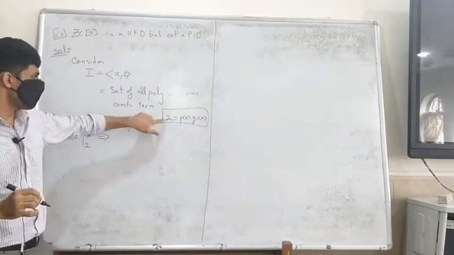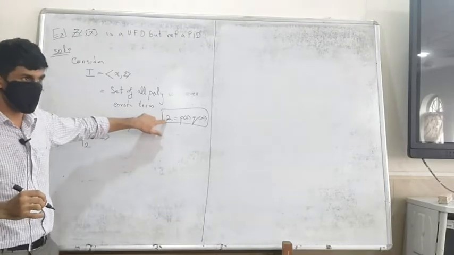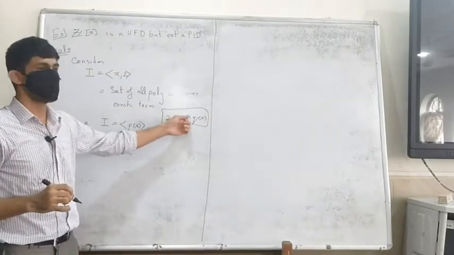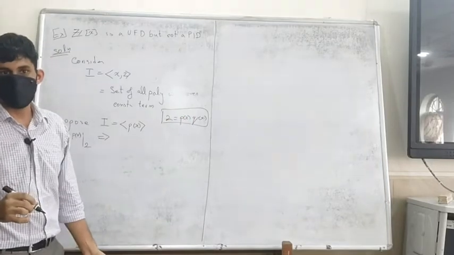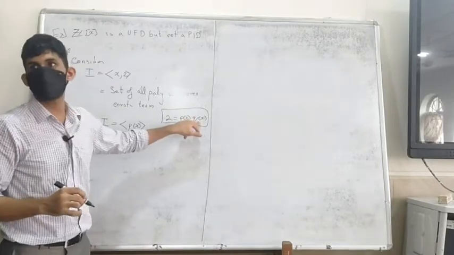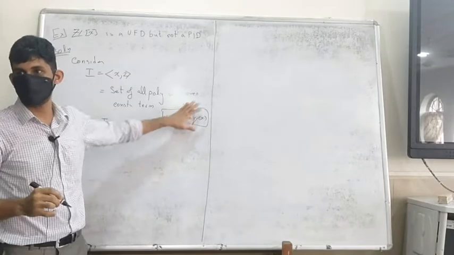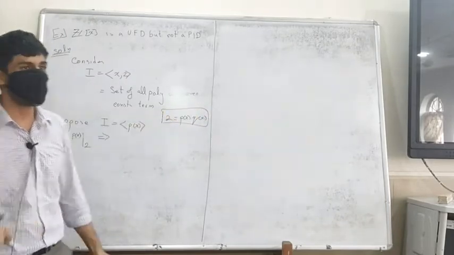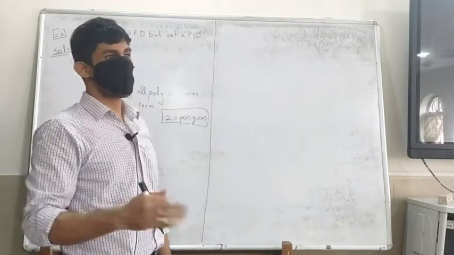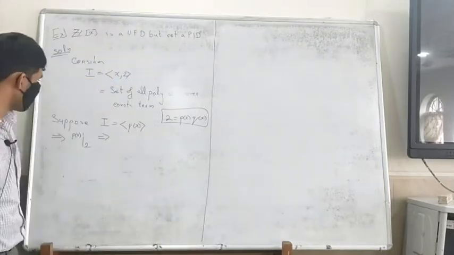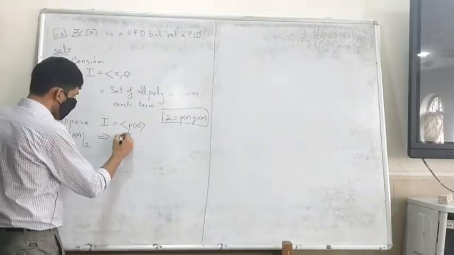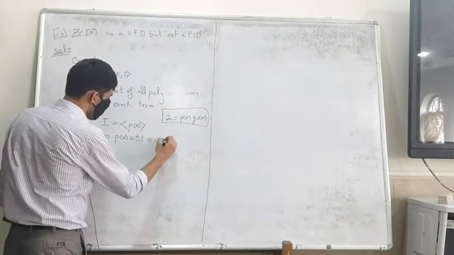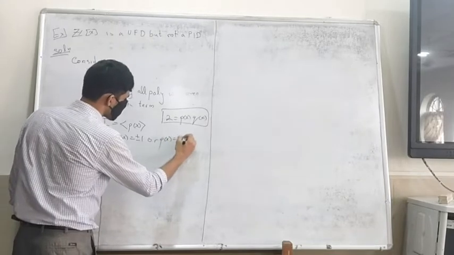The degree on the left is 0, so the degree on the right should also be 0, which means that the degree of p(x) should be 0, and the degree of q(x) also should be 0. So these are like integers. Therefore, it should be an integer divisor of 2, and the only integer divisors of 2 are plus and minus 1, plus and minus 2. So simple enough to make that argument that p(x) would be either plus or minus 1 or plus or minus 2.